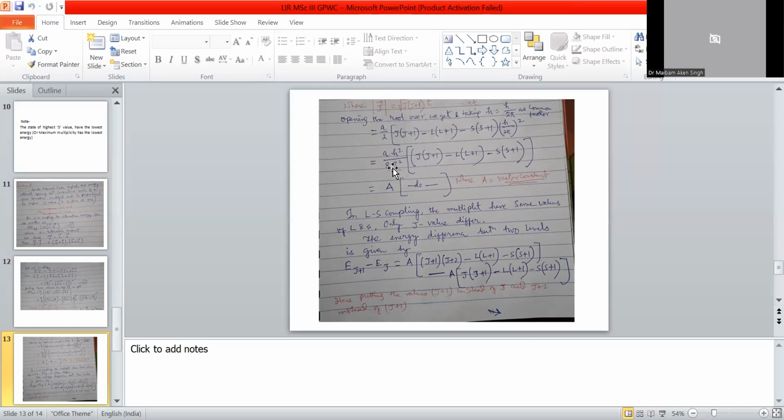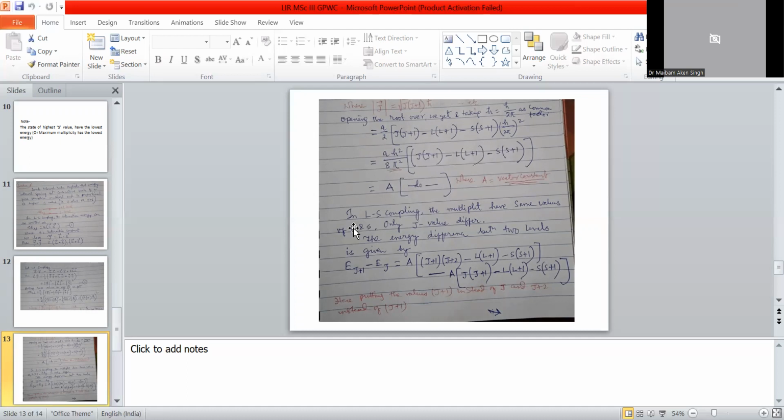This value we put as common to all. A is a constant, h is constant, pi is constant, and we put this as the interaction constant, and this term we put as it is.